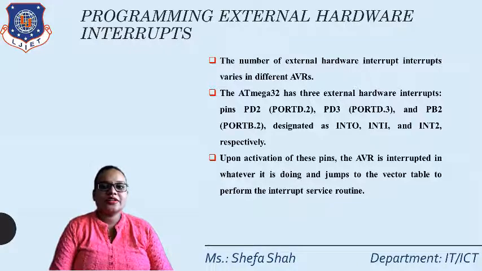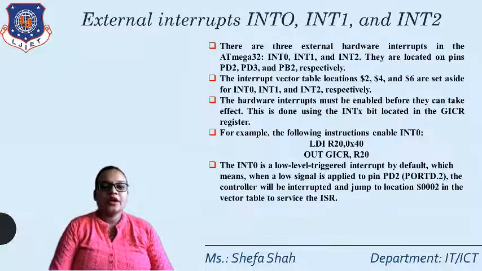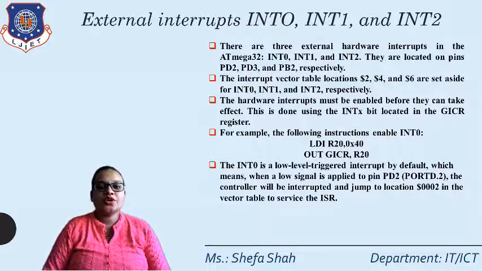Whenever the interrupt is generated, it will jump to the particular address where the service routine is written. INT0 stands at address 2, INT1 at address 4 and INT2 at address 6. So whenever we need to use these external interrupts, we use them with the help of these addresses in the interrupt vector table.